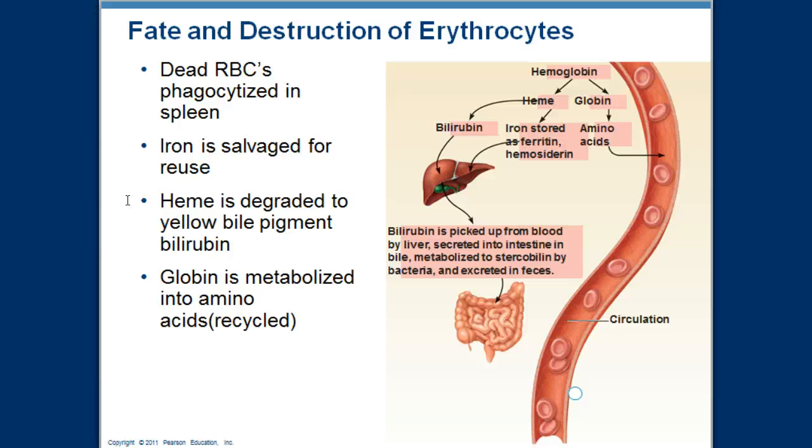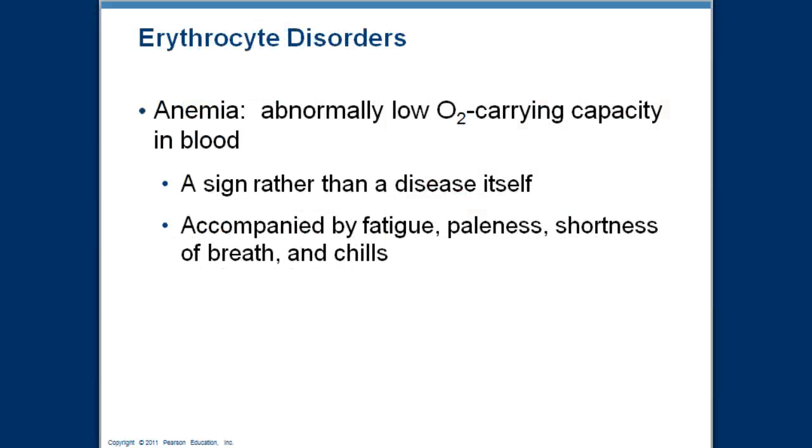So that gets turned into a bile pigment called bilirubin, and it is one of the reasons why your feces has the color that it does. And then the globin, if you remember, is a protein. So it gets broken down into its individual amino acids, and they are either processed for energy or recycled into other proteins.